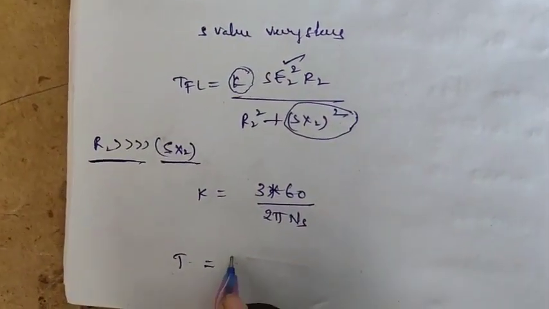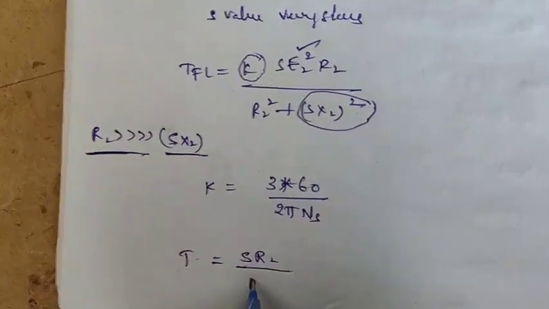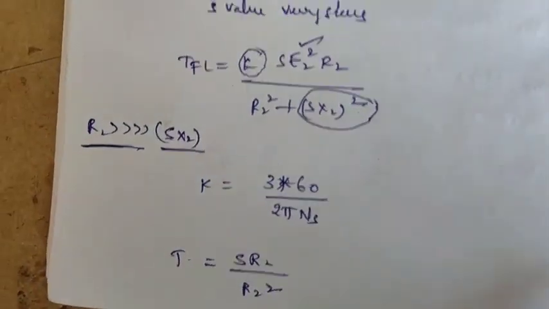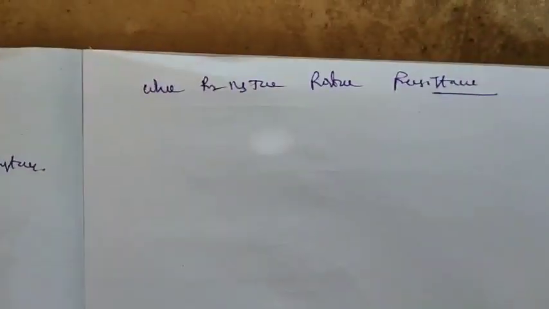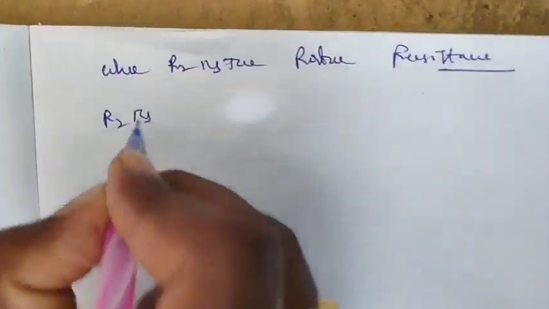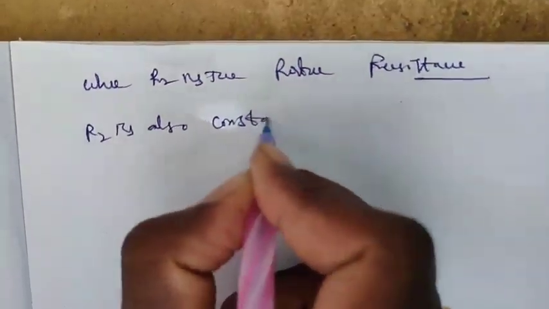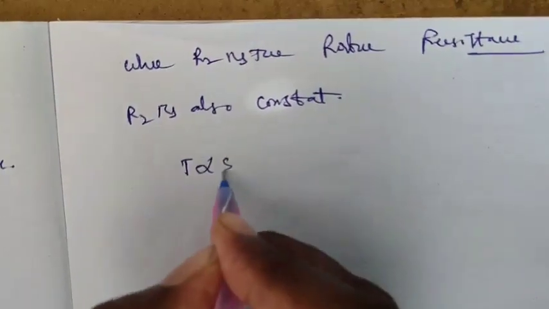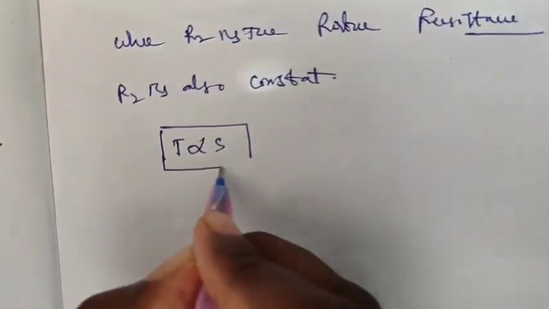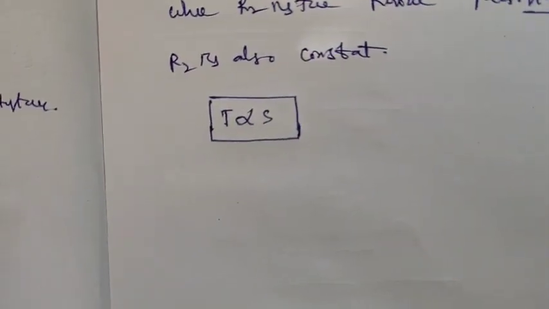The torque is directly proportional to S R2 divided by R2 square, where R2 is the rotor resistance, which is also constant. So the torque is directly proportional to S.